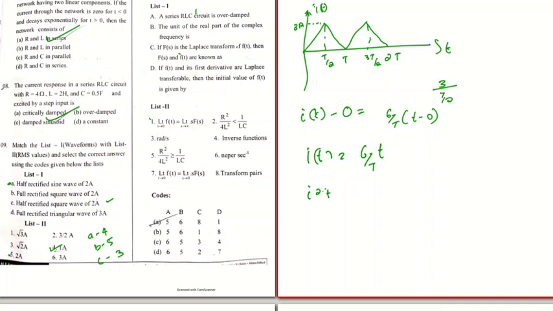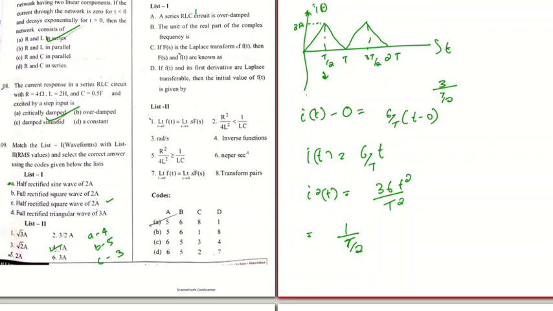Now we have to take the square of it, that is 36 t square divided by T square. And now I am going to take the RMS value, that is equal to 1 divided by T by 2. Now I am taking just from 0 to T by 2 only, because I have taken the equation from 0 to T by 2 only, right?